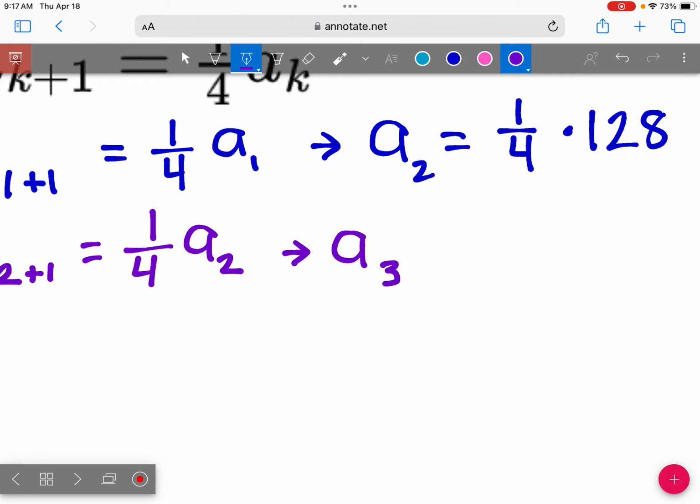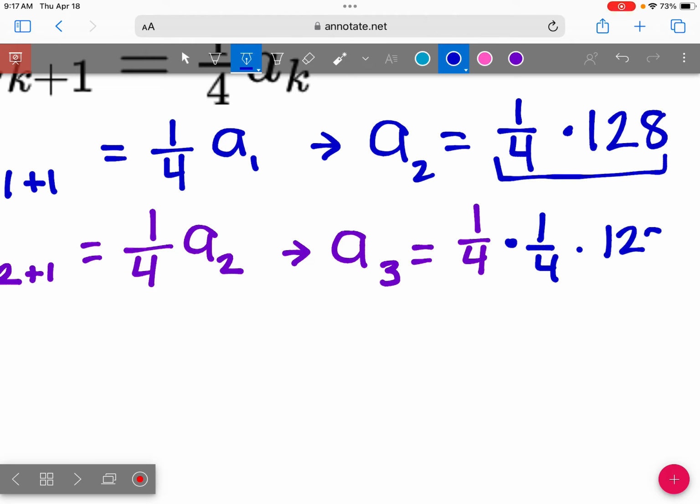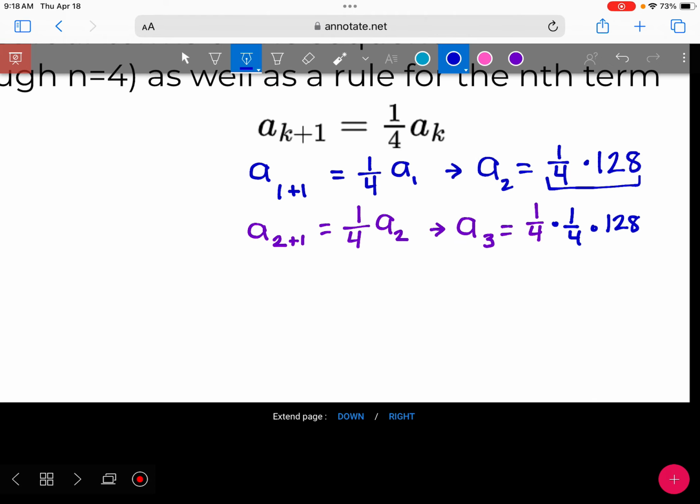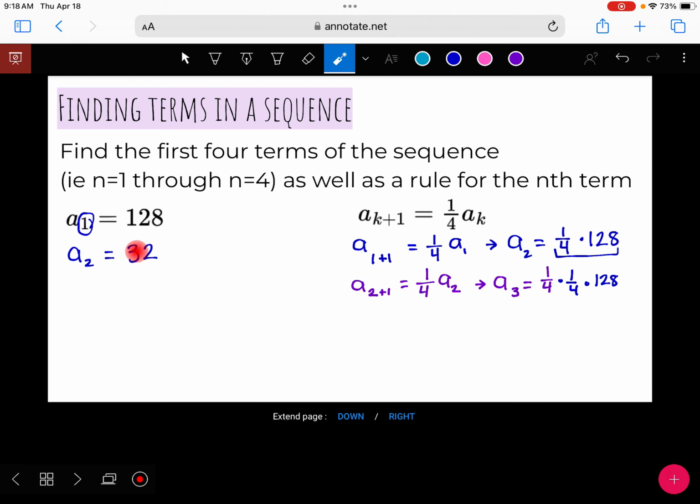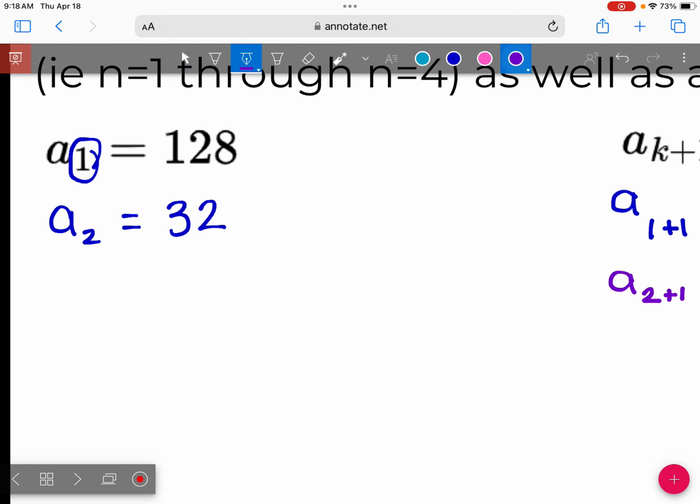So we're going to have a sub 3 equals 1/4 times, and I'm actually going to do this like I wrote on the last one. I'm going to write it the way we had it up here. 1/4 times 128. So I'm doing it a little bit differently. You can absolutely use the simplified version. I'm just doing this because it's going to make our pattern spotting easier. So you can either do this as 1/4 times 32 or 1/4 times 128. So what is a sub 3?